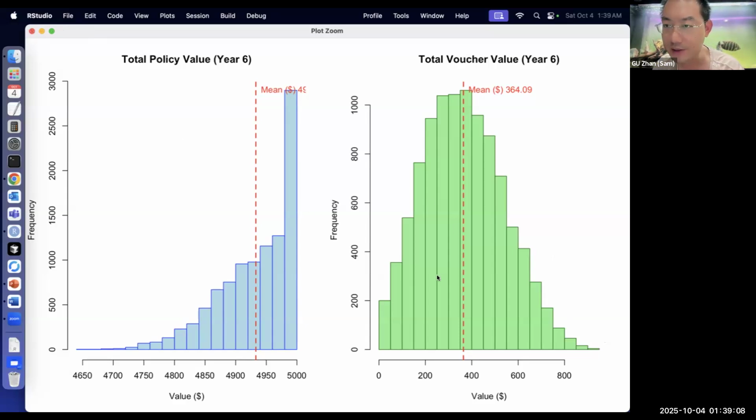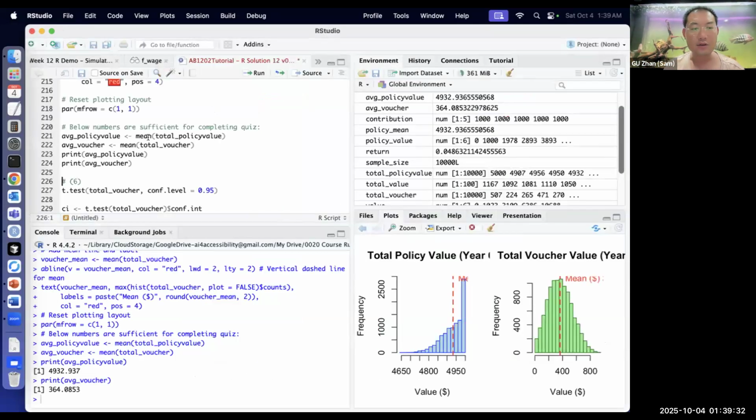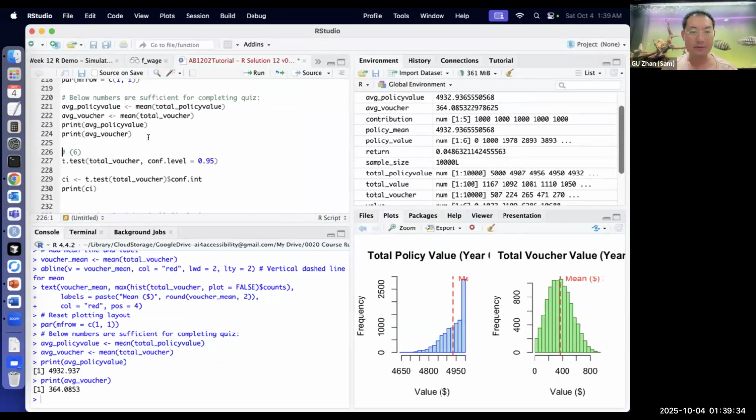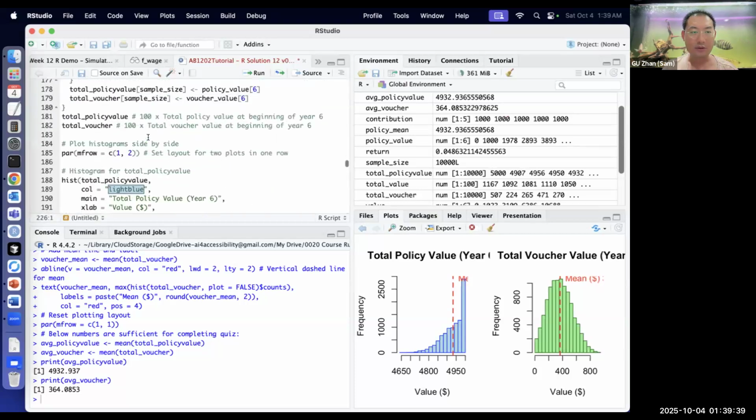Each of the data points here is the simulated year 6 voucher or year 6 policy value at the beginning of year 6. And we only have two mean values: the average of the total policy at the beginning of year 6 and the average of the voucher value. Larger samples show a better distribution.